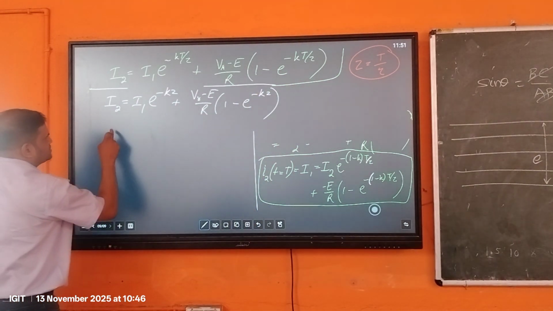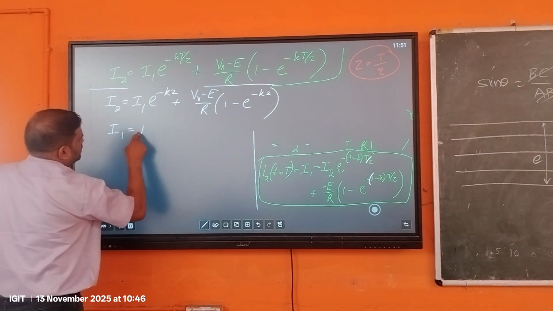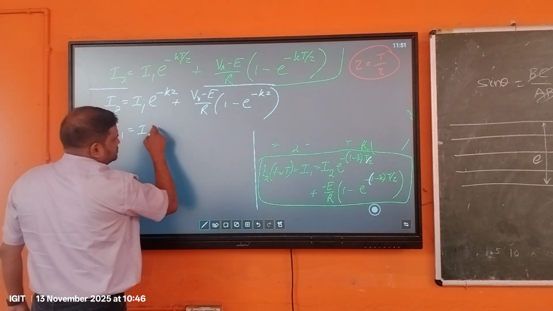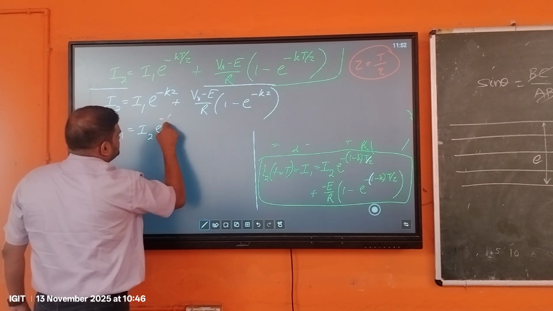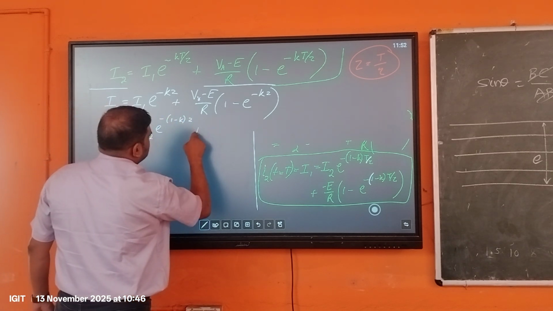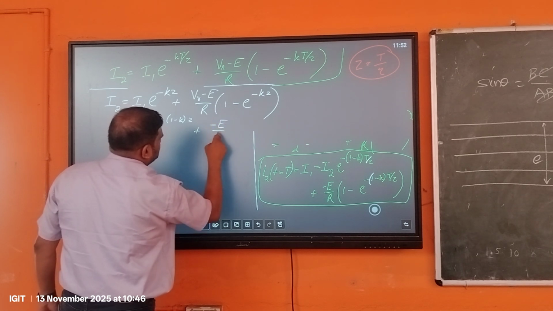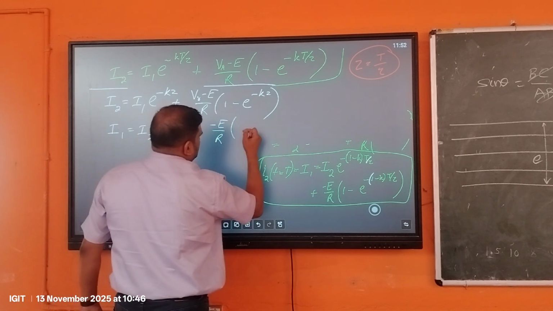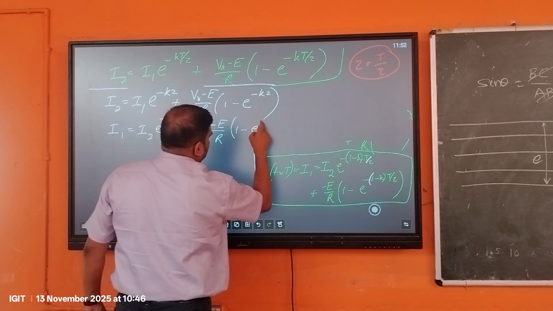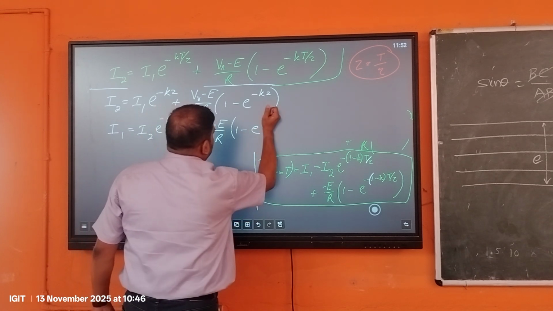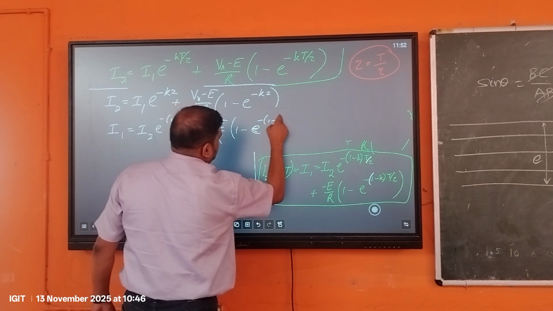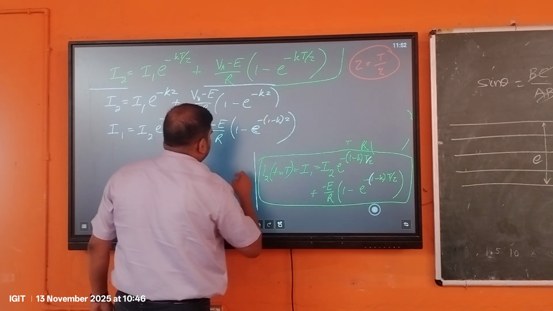And the second equation is I1 is equal to I2 e to the power of minus (1 minus k) z plus (minus e)/r times (1 minus e to the power minus (1 minus k) z).